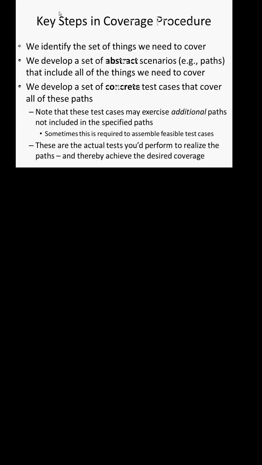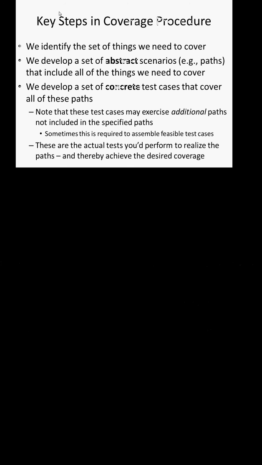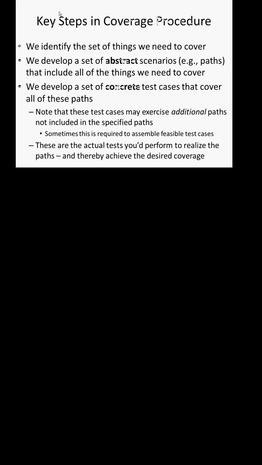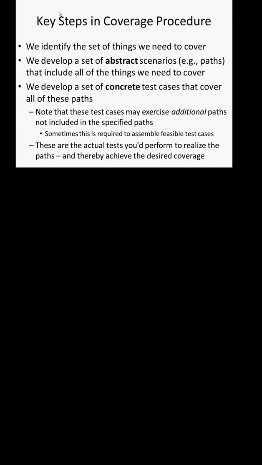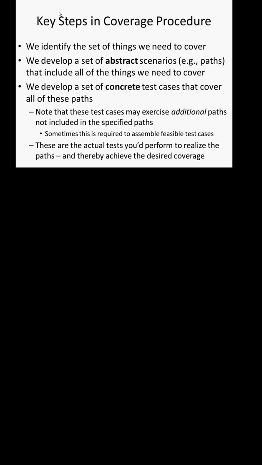We need to turn those abstract paths into cases that will exercise each path, that will make that happen. And that is often an exercise in ingenuity, because you have to figure out how we could make it go first this way and that way, for example. So here we're coming up with concrete test cases.